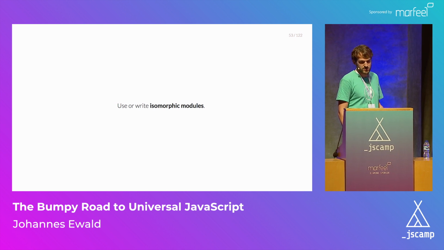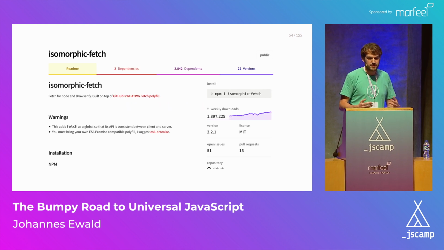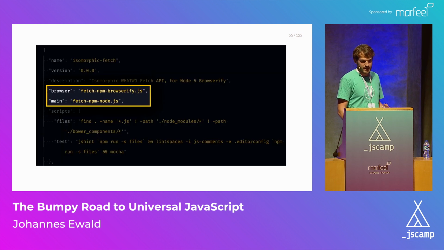And isomorphic modules are modules that expose the same public API, but that have different implementations under the hood. So for example, isomorphic-fetch. In the package.json, they have two fields, the browser and the main field. The main field is for Node.js, and the browser field is respected by most bundlers and can be used to load different code that's intended for the browser.